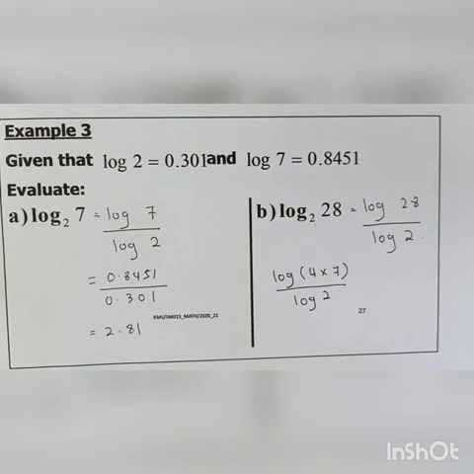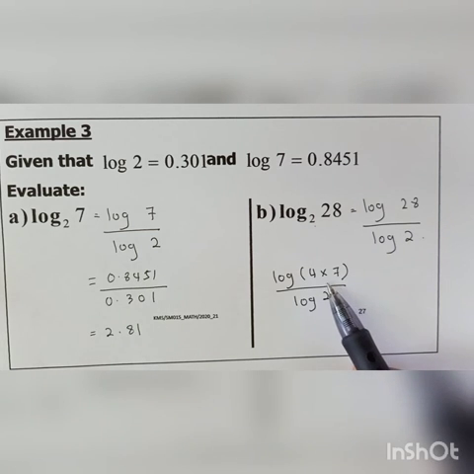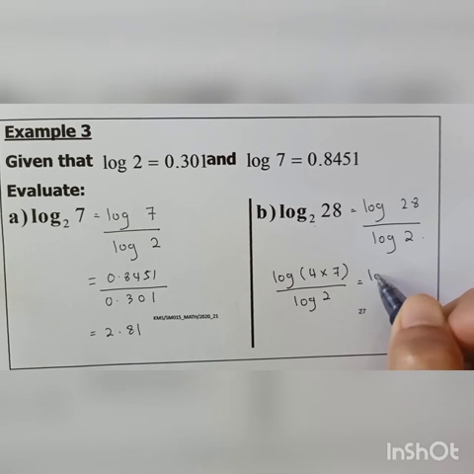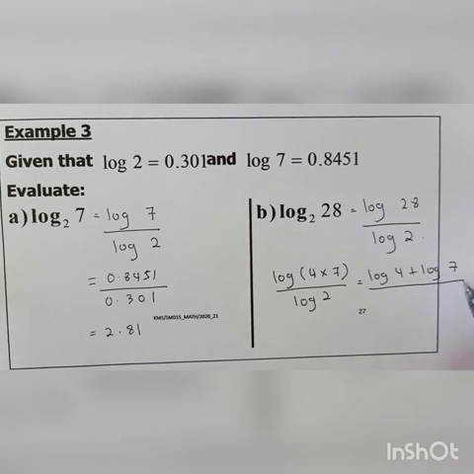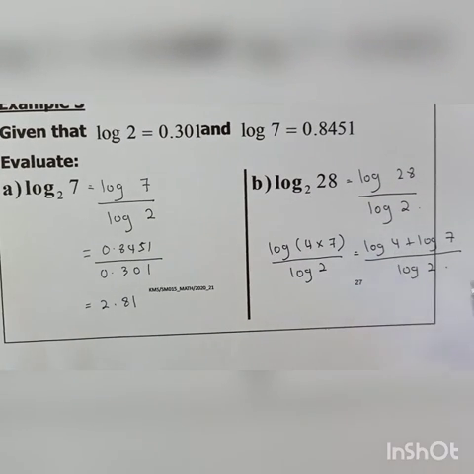Here you can use law of log number 1, so times becomes plus. So log 4 plus log 7 over log 2. 4 you can simplify to 2 squared.